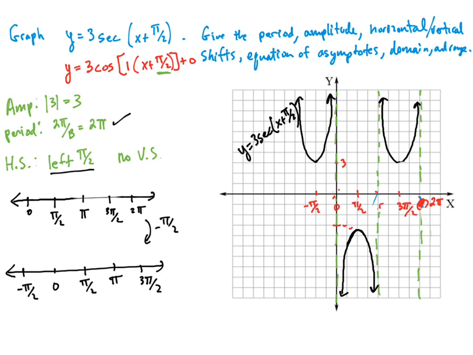So to find the asymptote equations, we want to come up with a general equation that represents all these asymptotes. There are an infinite number of asymptote lines for this graph. So we want a general equation that we can use to find all of these asymptote equations.